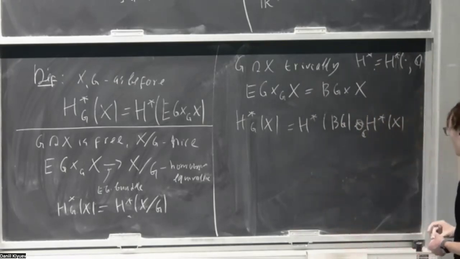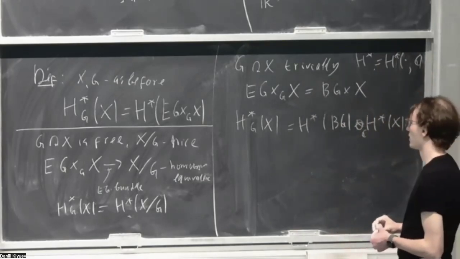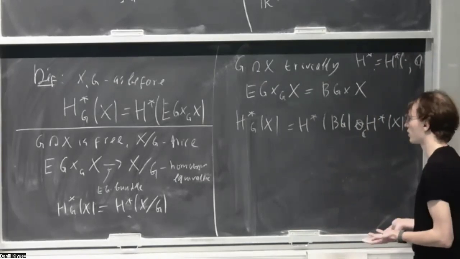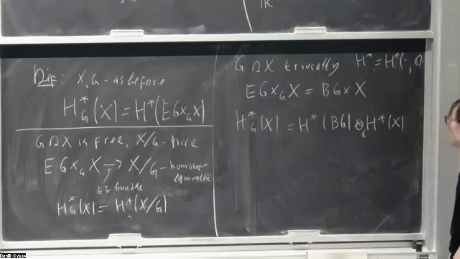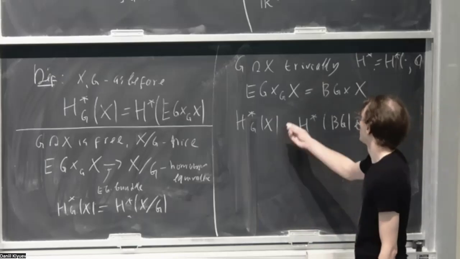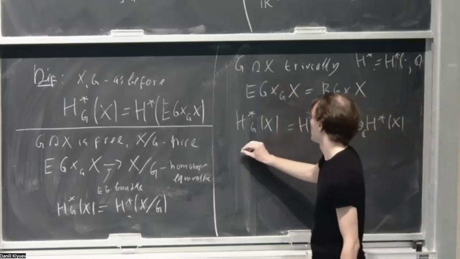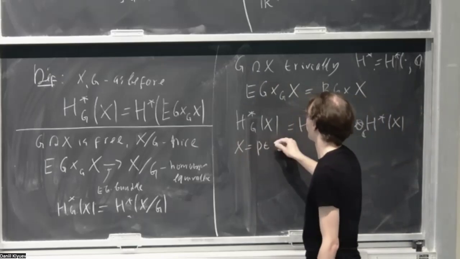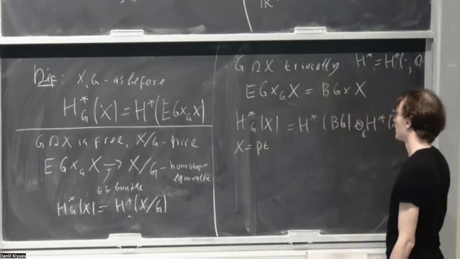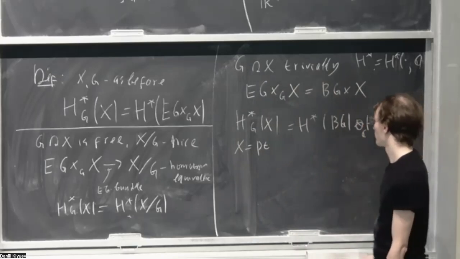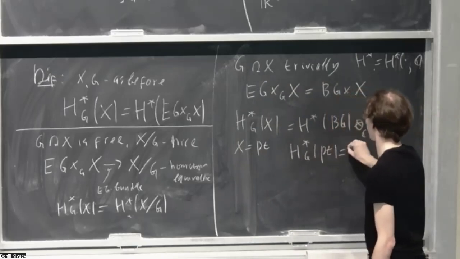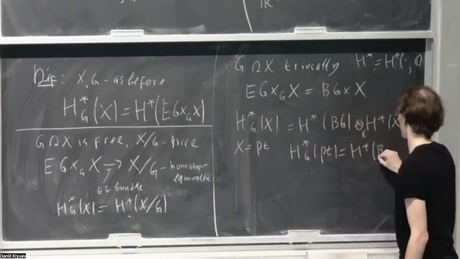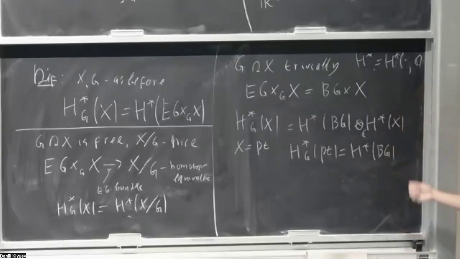Okay, so one of the features is that with usual cohomology, you don't get anything from the point. It's just a field in degree 0 or Z in degree 0. But here, let's take in this example X equals a point, with trivial action. Here we just have BG, and we get H star G of a point, which is H star of BG, which is something non-trivial.